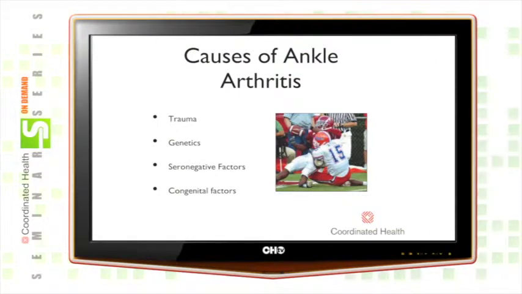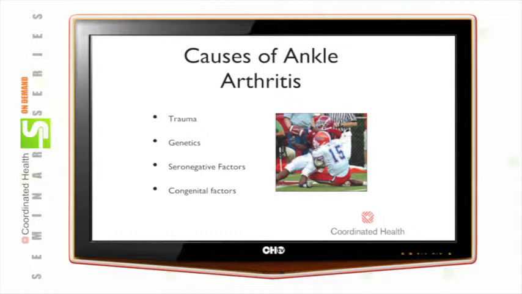So as I mentioned, the main cause of arthritis, especially in the ankle, is for the most part those who suffered from an ankle fracture. But if you haven't had an ankle fracture and you have ankle arthritis, you can either blame your parents because of the hereditary factors, you can blame your boss because of the job, or you can just, unfortunately, get it because sometimes you have an immune condition like rheumatoid arthritis or psoriatic arthritis or things of that nature.